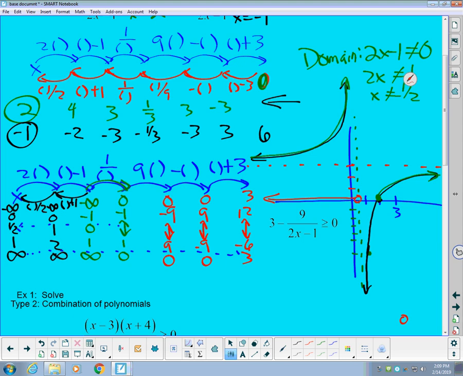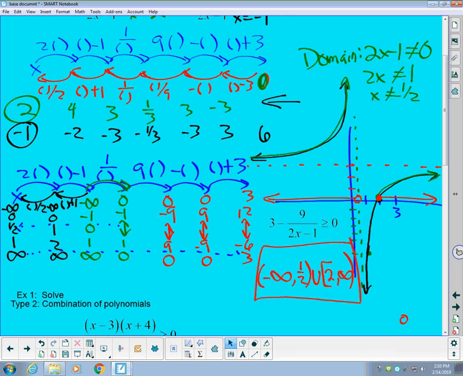I get x's that are above the x-axis, and out here, starting here and going that direction. So I would write my answer as all the x's from -infinity to 1/2, together with the ones starting at 2 and going to infinity out that direction. And that should be my solution to the last problem.